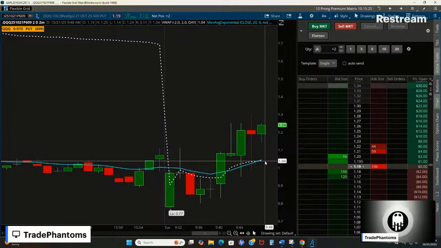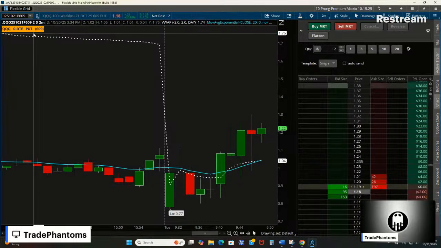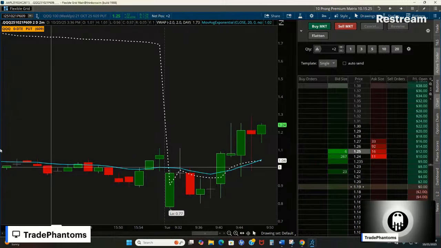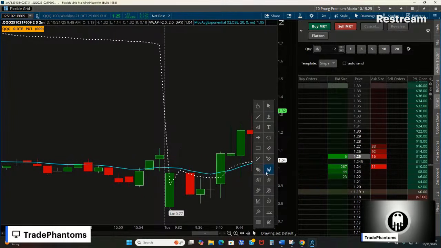What strike is this? The 609 up here. Definitely could have got a better entry on this. And I was managing Apple, but these are the long puts here.